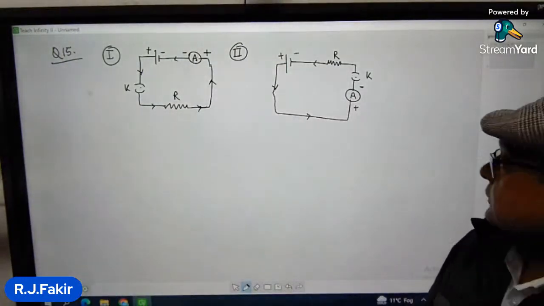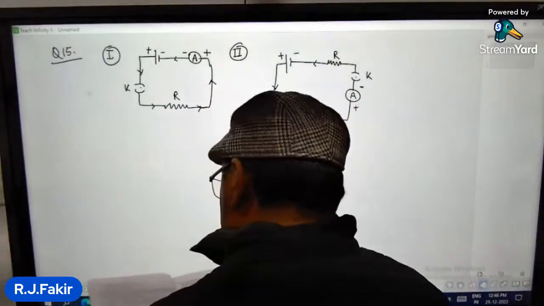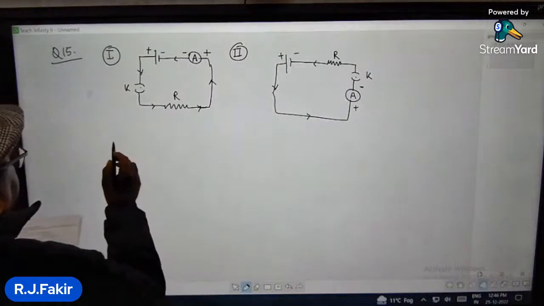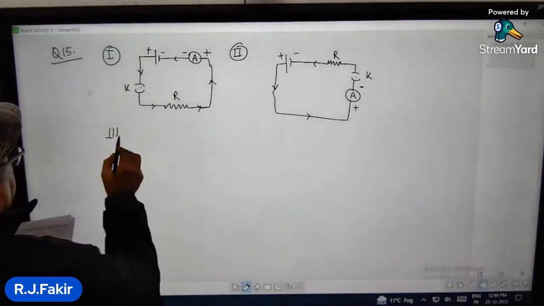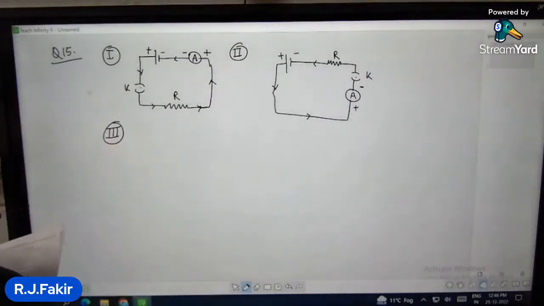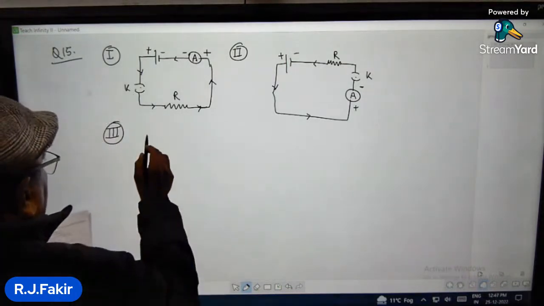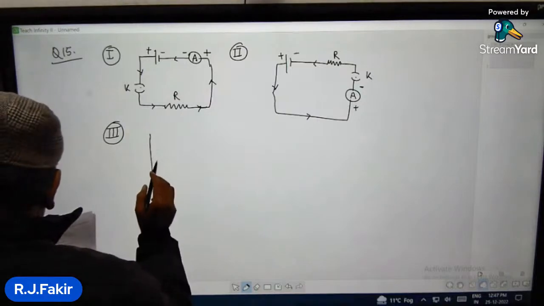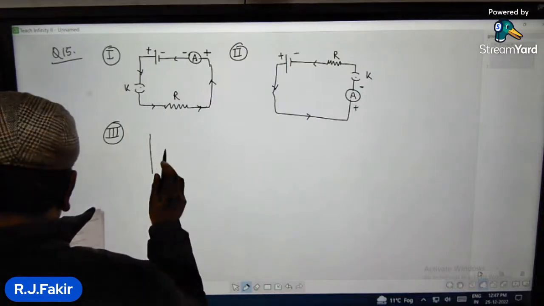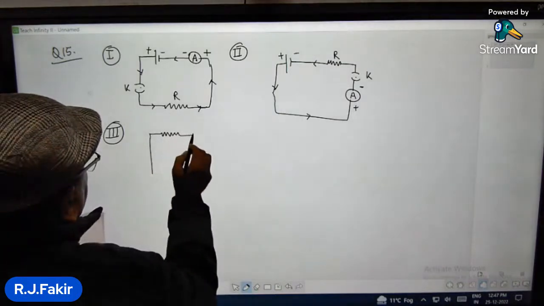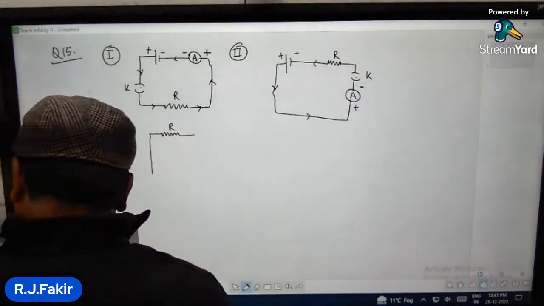Now you have this second arrangement. Then the third one. The third one has a resistance here, again of the same value.